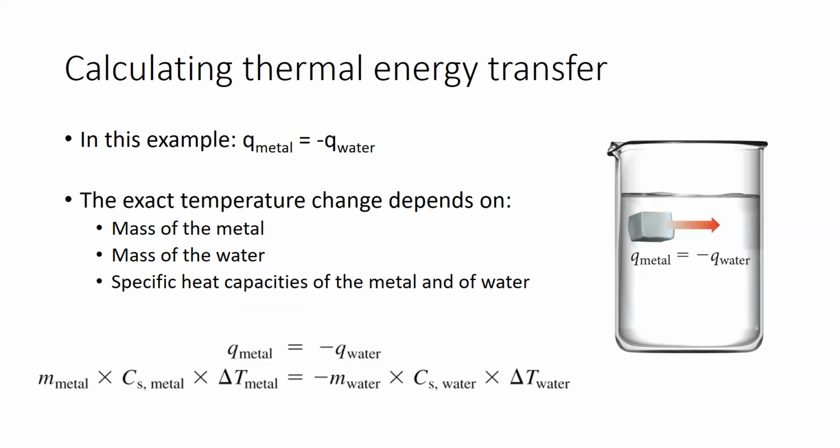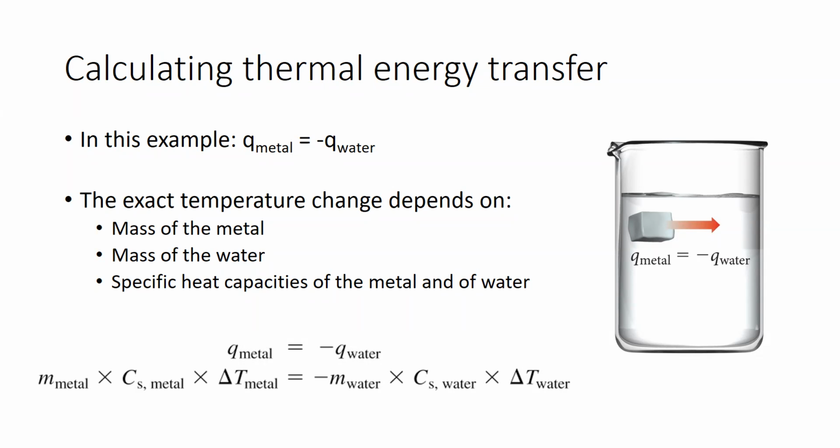This is just an application of what we did on the last problem, except we have to do it twice. Remember we talked on Monday, if a system is losing heat, then the surrounding is gaining heat.